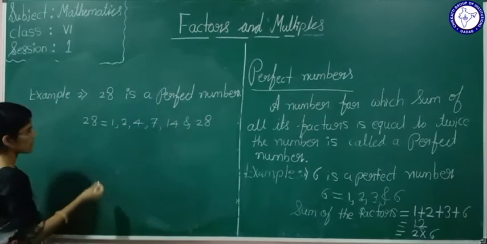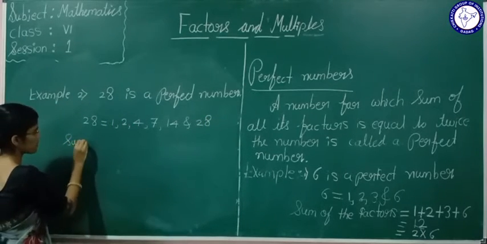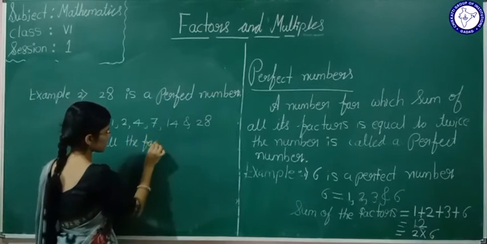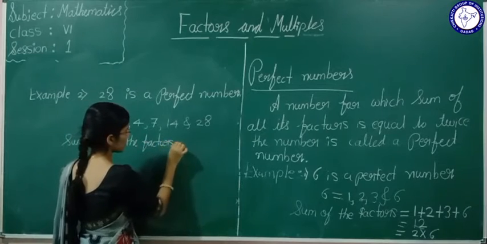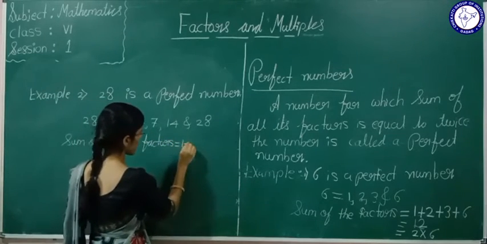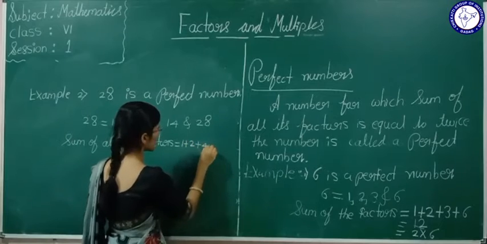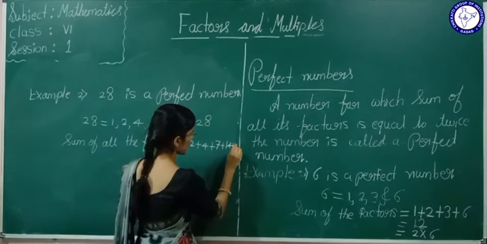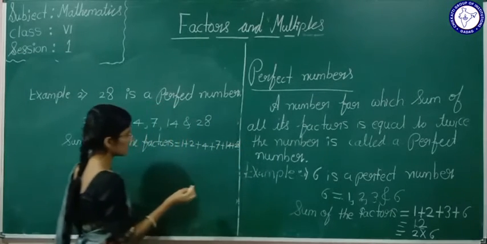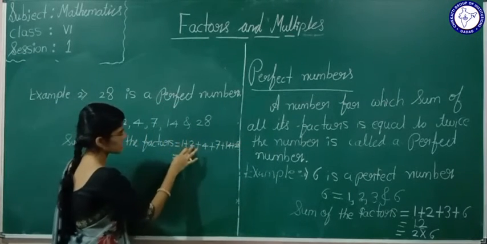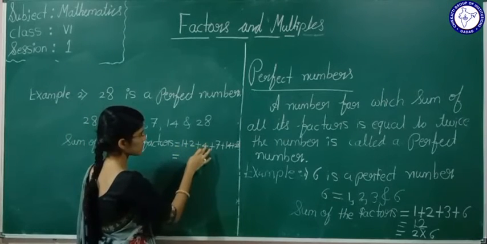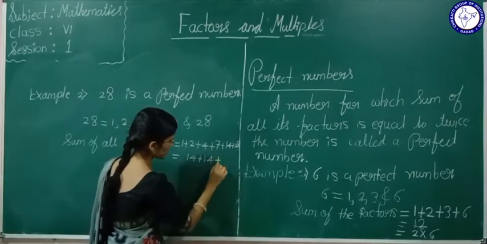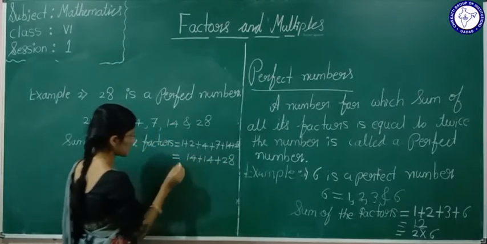Now see the sum of all the factors, which is 1 plus 2 plus 4 plus 7 plus 14 plus 28. Add this all. 1 plus 2 is 3, 3 plus 4 is 7, 7 plus 7 is 14, 14 plus 14 plus 28. How much is it?